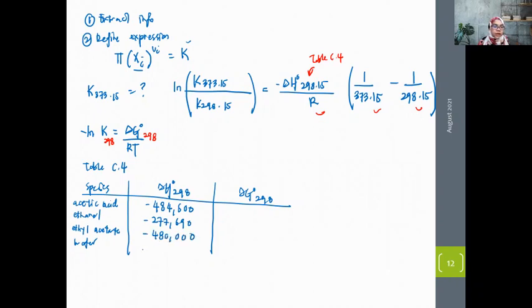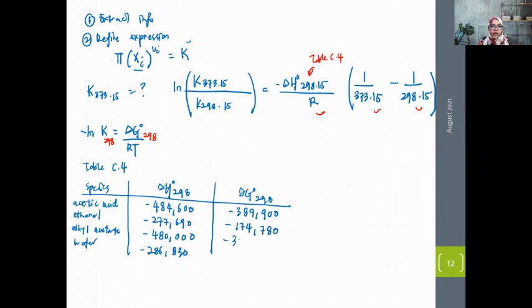$480,000, and then for water we have 295,830, and then for delta G we have 900, and then 174,780.